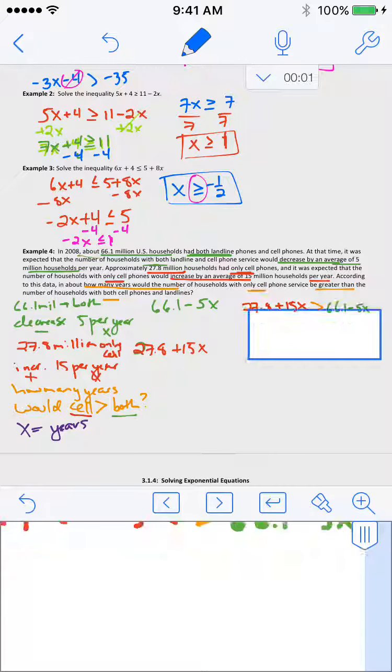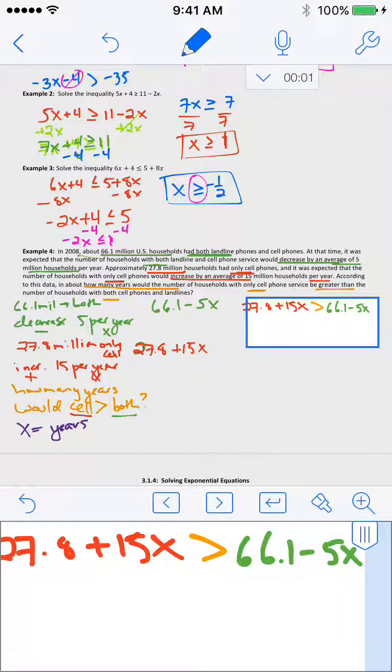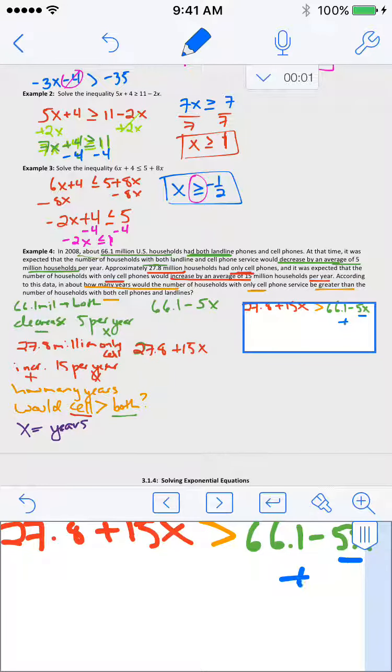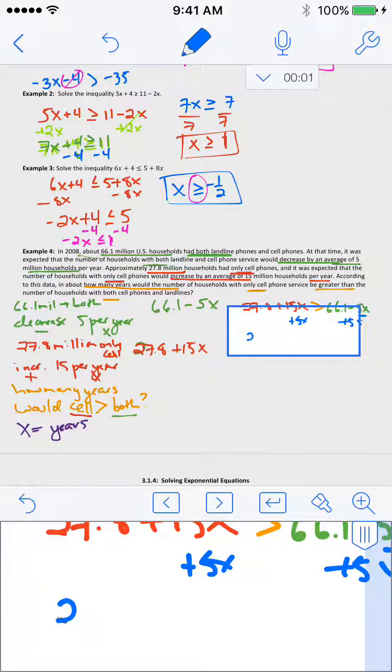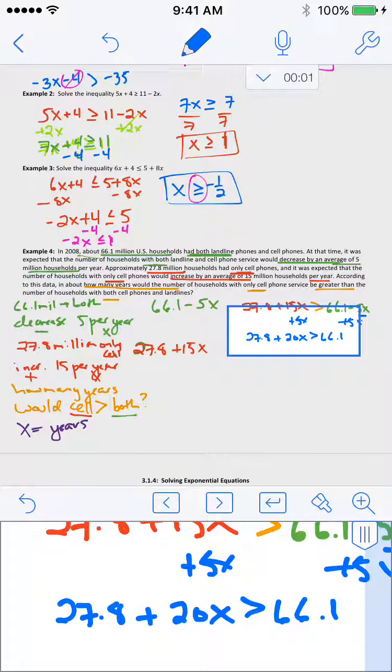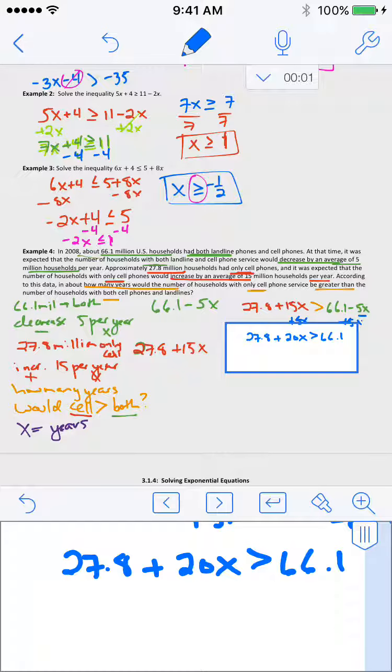Let's solve it. Alrighty, I'm going to move this green x over to the other side, so I'll add 5x to both sides. End up with 27.8 plus 20x is greater than 66.1. Addition does not require me to switch anything, so I don't have to worry about that. Subtract the 27.8, because now that x is on one side, I move as far away from the variable as I can.